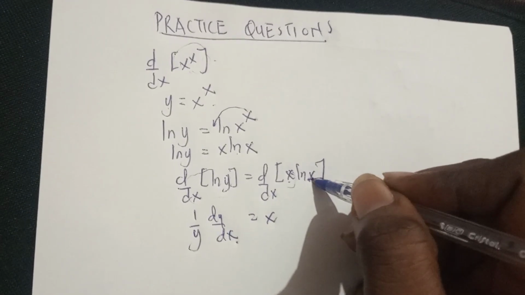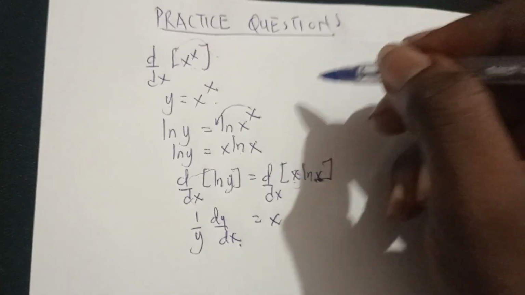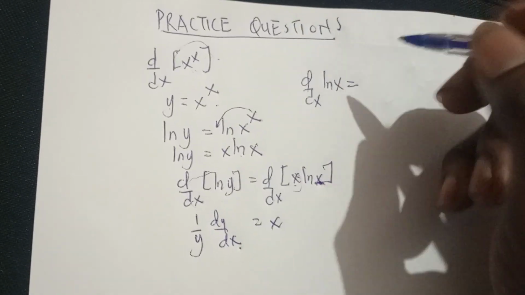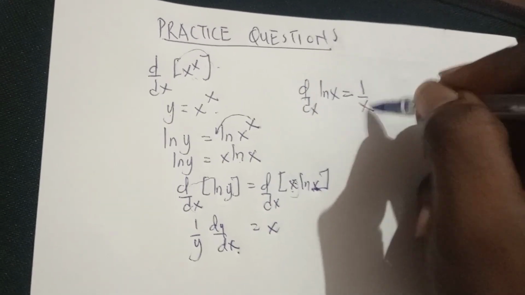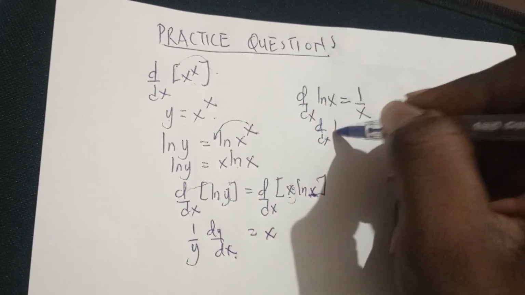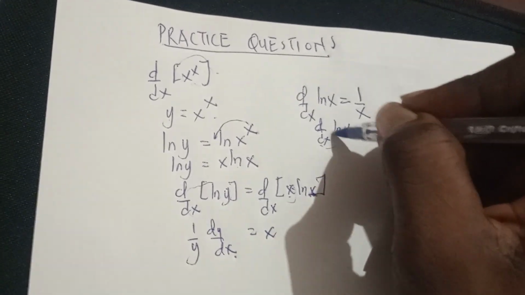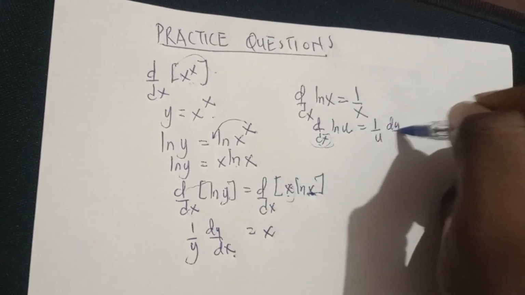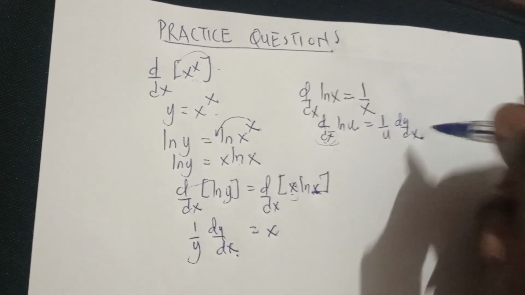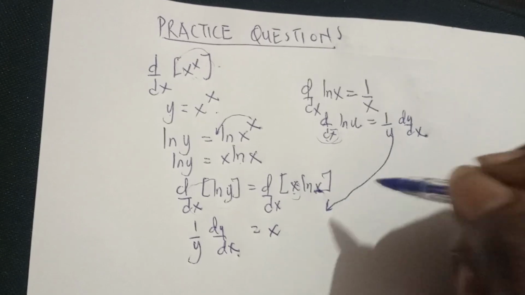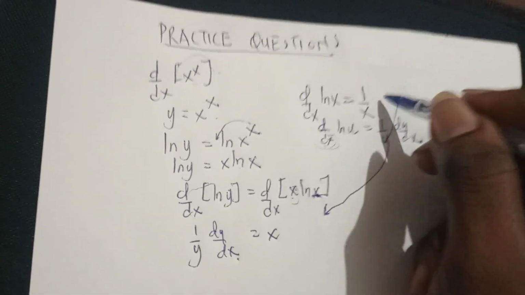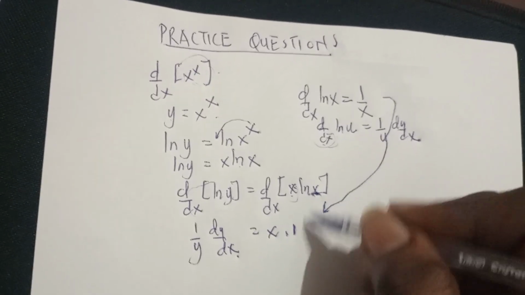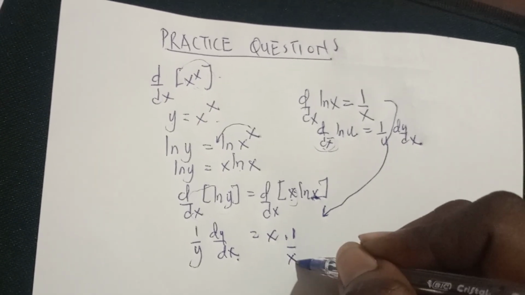And when we differentiate natural log of x, you are going to get 1 over x. But if you differentiate natural log of u, because you want it with respect to x, it is going to be 1 over u du/dx. So this part is going to be 1 over x.